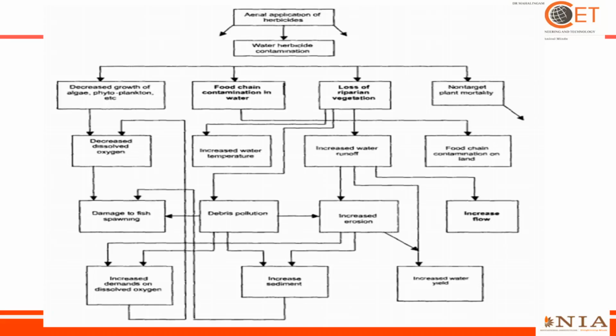So what happens due to this application of herbicides? There is a possibility of water contamination, right? Why? Because the water will go into the soil or land surface and reach the groundwater, so there's a possibility of contamination of groundwater.